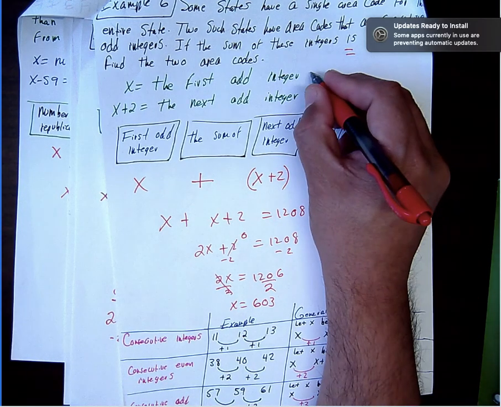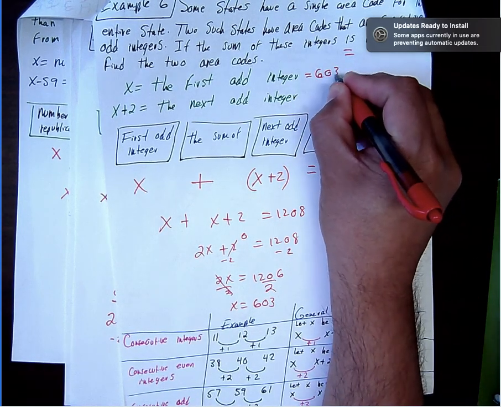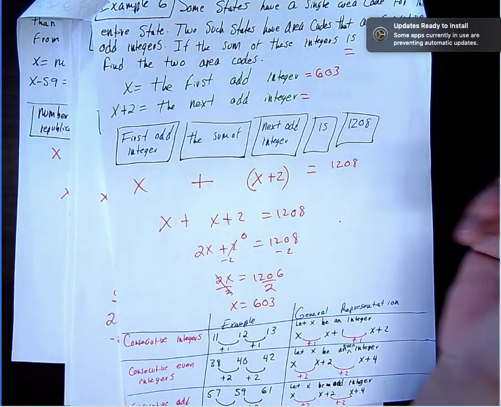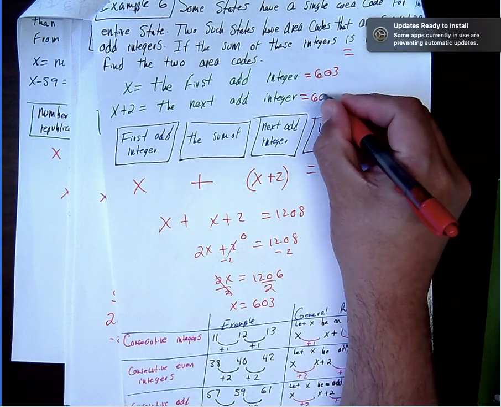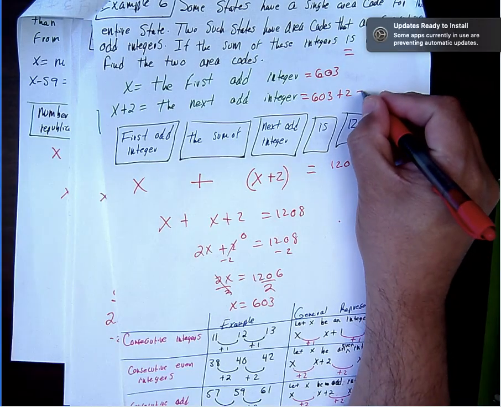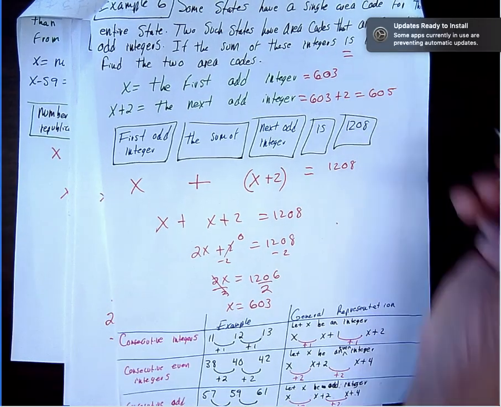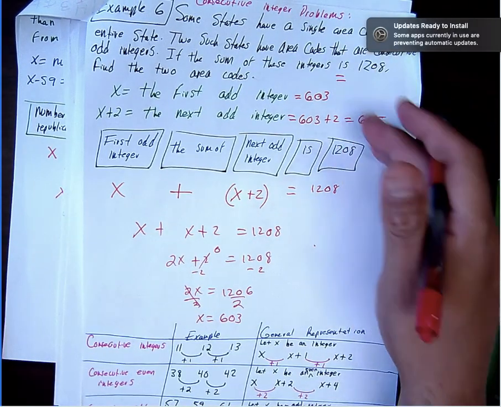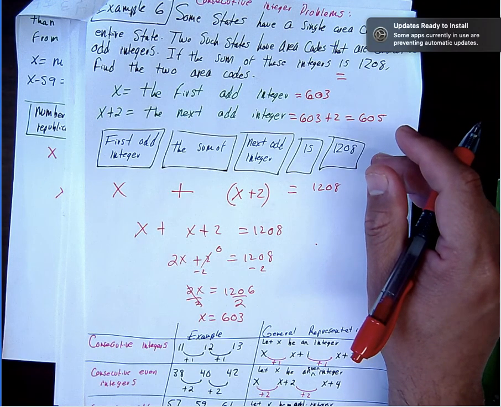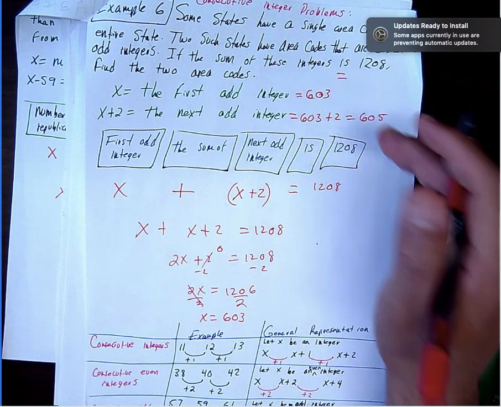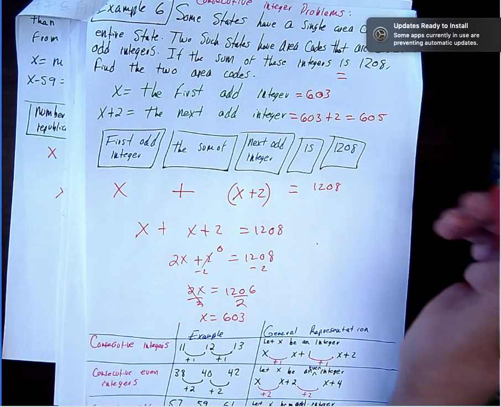So this would equal 603. The next consecutive would be 603 plus the 2 that we said, so it would be 605. So these are the consecutive odd integers that add to that.